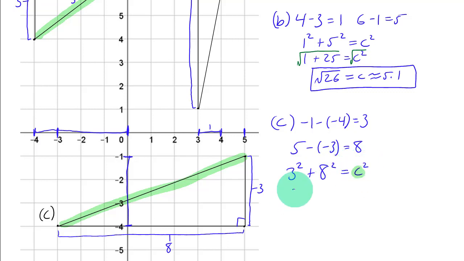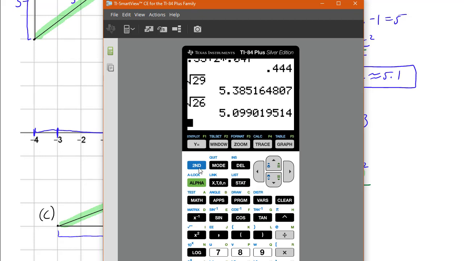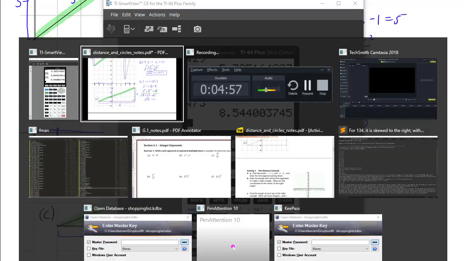And so that's going to give you 9 plus 64 is c squared. 9 plus 64 is 73. And we're going to do the square root of both sides to cancel out the c squared. And so we're going to get the square root of 73 is c, and that's approximately 8.54.